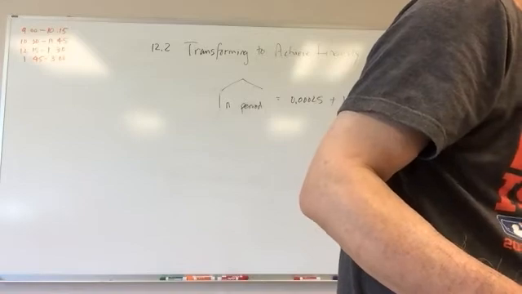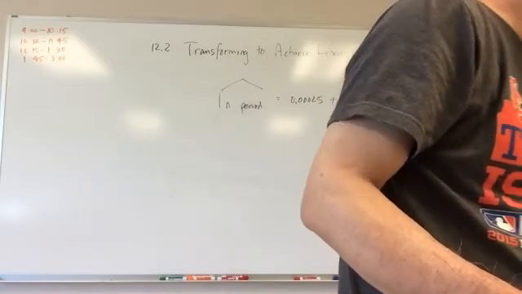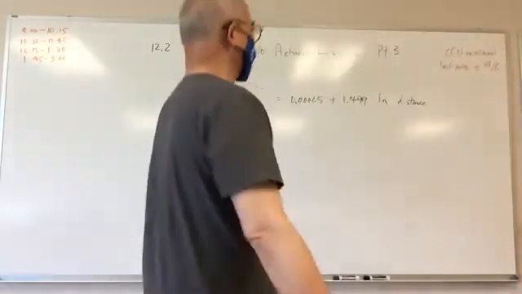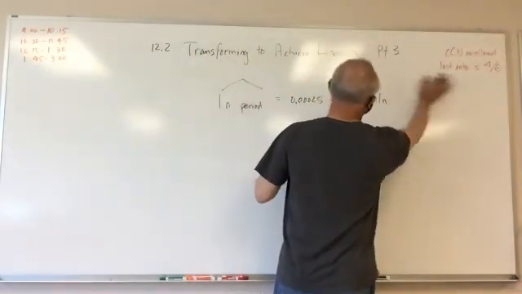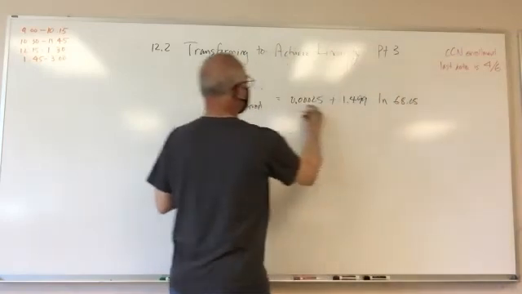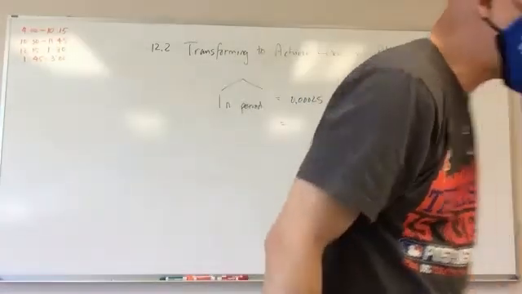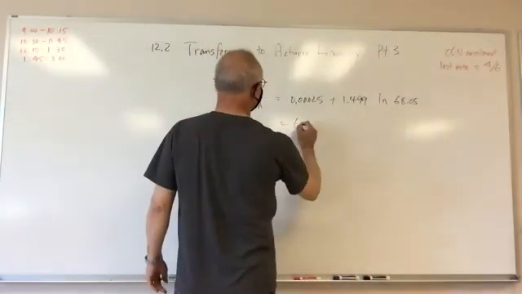C, use your model from part B to predict when the distance is 68.05. We would plug in 68.05 and crunch this through, and you're going to get 6.33.